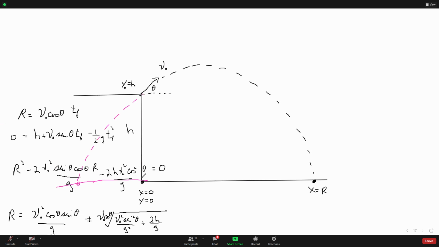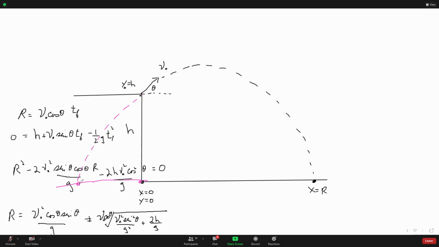From here to here is the other value of R. So on the path of this projectile, there are two solutions for Y equals 0. I fire it from the cliff here.